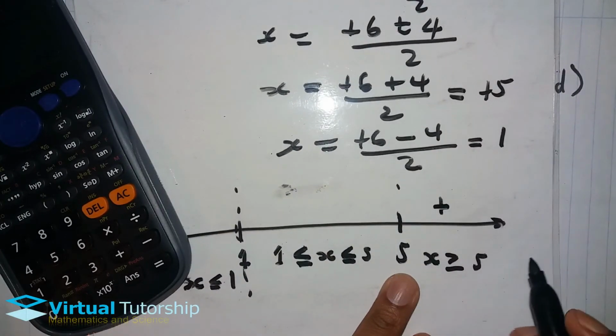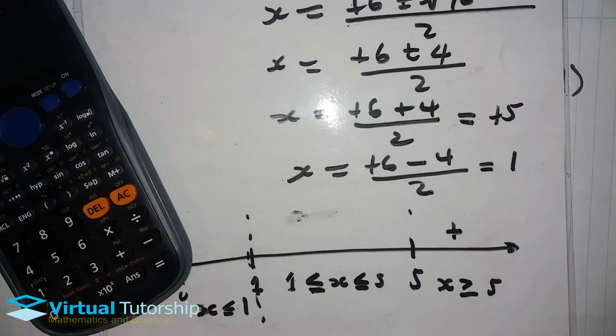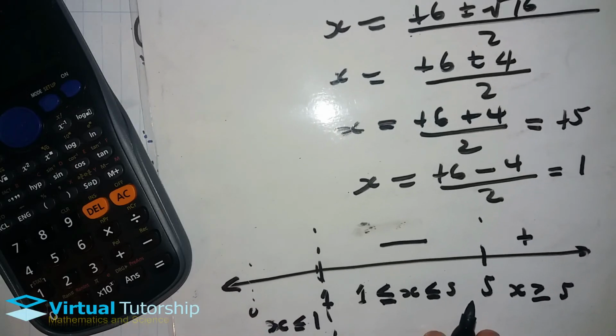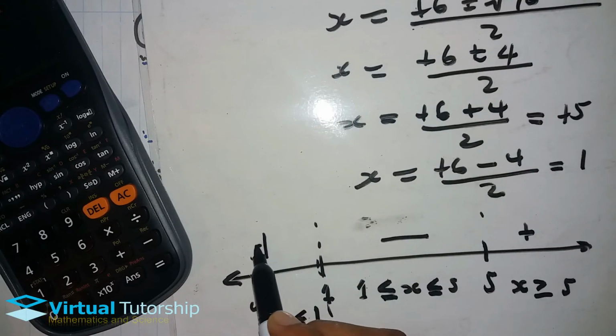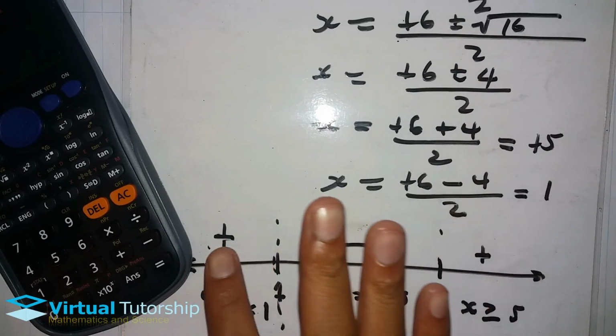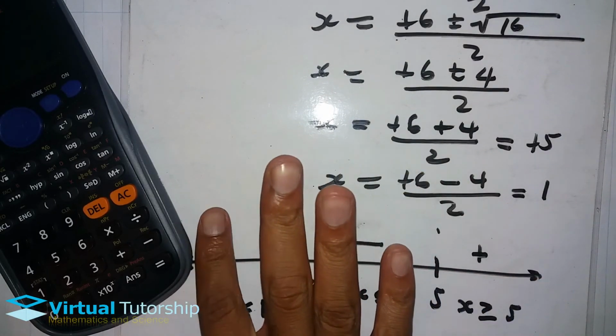So my answer here will be positive. In other words every x value I substitute here will give me a positive value. Every x value greater than 5 we substitute into the original equation gives only a positive number. So if I have positive here, on this side I get a negative solution, and on this side a positive solution. Remember, the signs alternate. If it's positive, it's negative, positive. If it's negative, it's positive and negative.